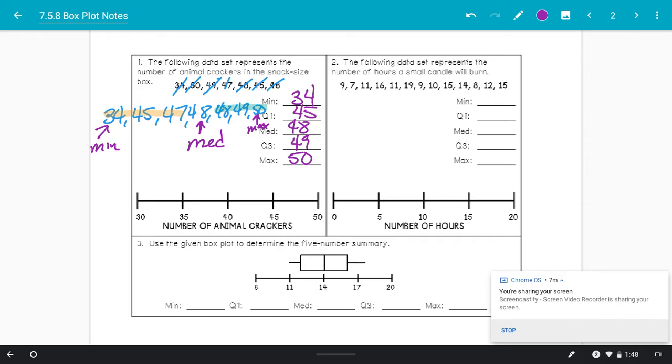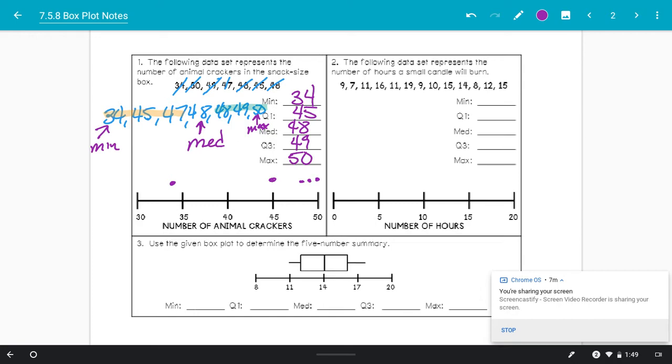Okay, so now how do we calculate our box plot? So what I'm going to do is plot all 5 of these numbers using a dot. So I'm going to plot a point at 34, so it's just a little bit below 35. Plot a point at 45. Plot a point at 48, and I'm approximating here, 49 and 50.